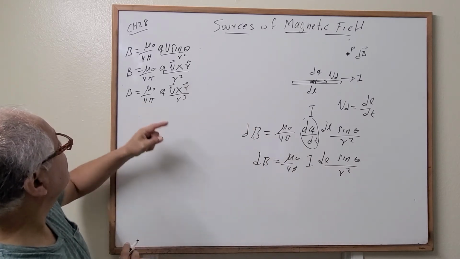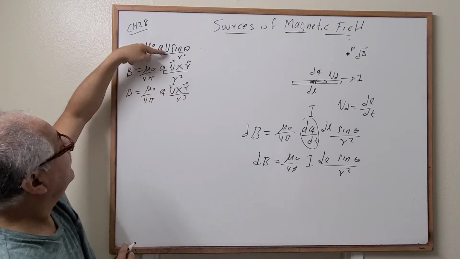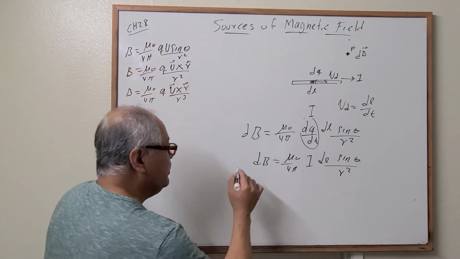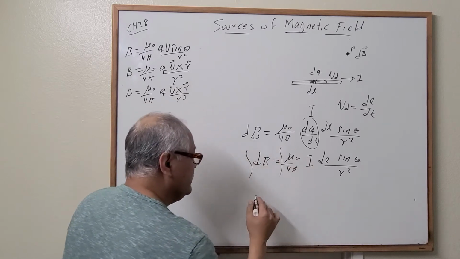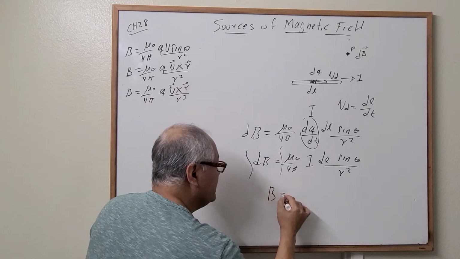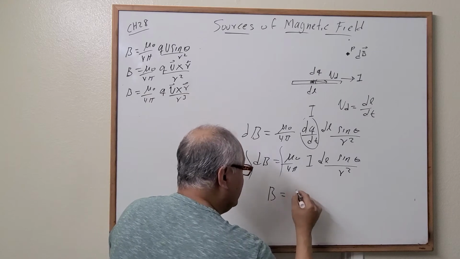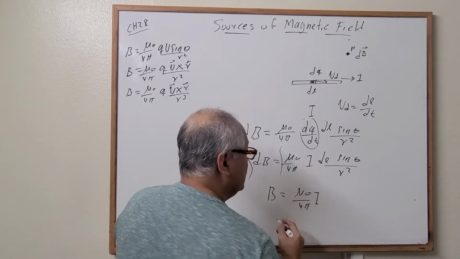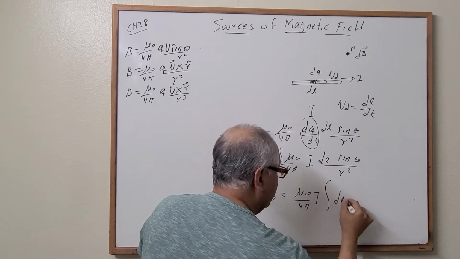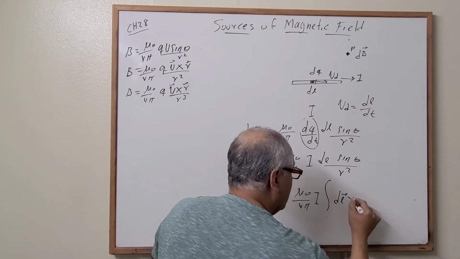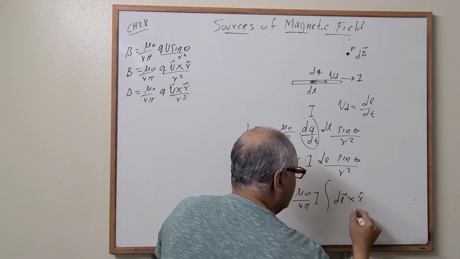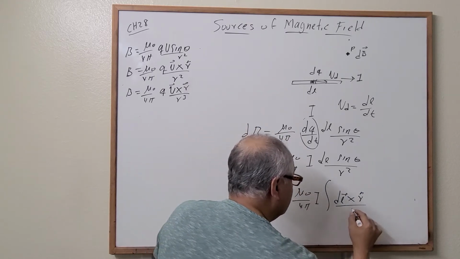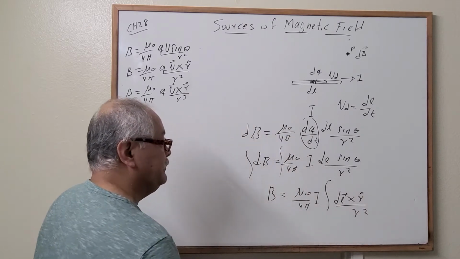The same thing as before, right? We go from this equation using sine to the cross product. We can do it. So let's take the integral of these two sides. So we have that the magnetic field is equal to mu naught over 4 pi times the current times the cross product of this element of length dL cross the unit vector r hat divided by r squared.